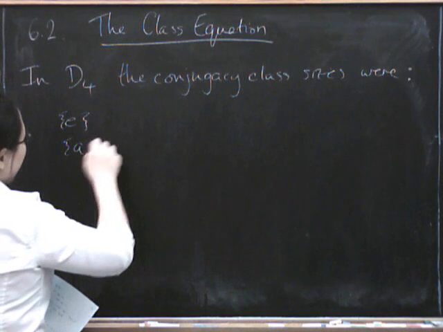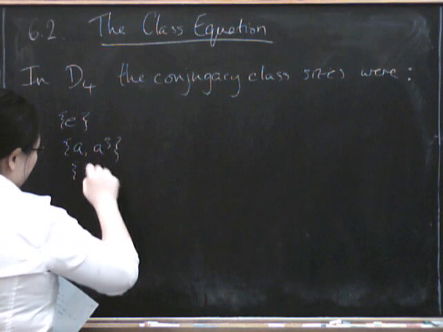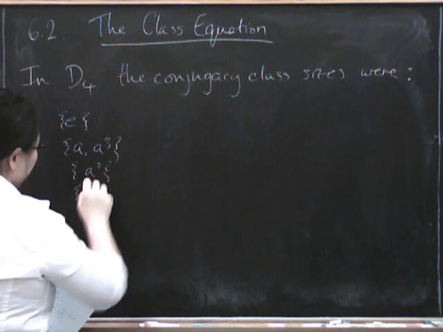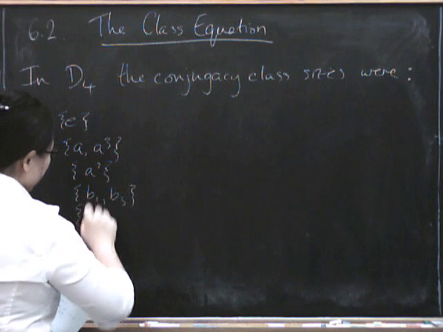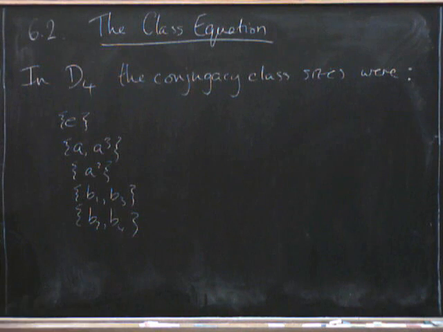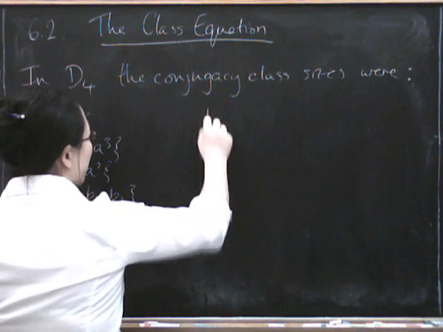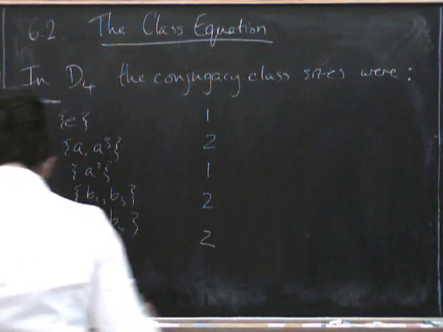And then we had A and A cubed. We had A squared all by itself, and then we had the reflections B1 and B3, and we had the reflections B2 and B4. So we've got sizes 1, 2, 1, 2, 2.